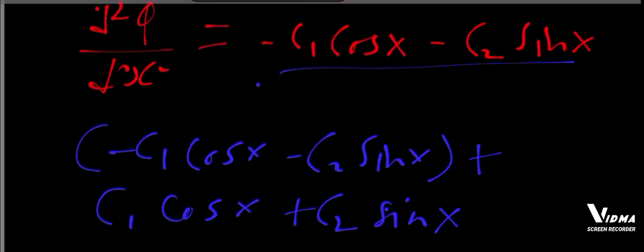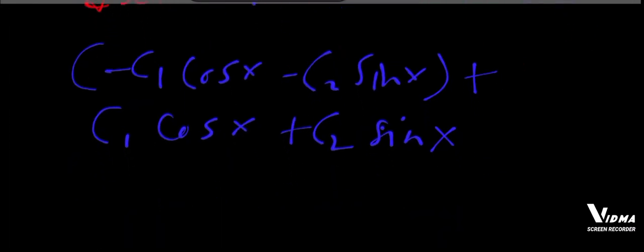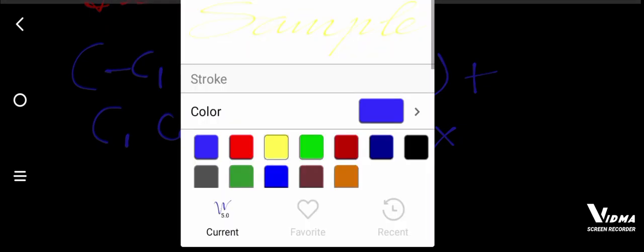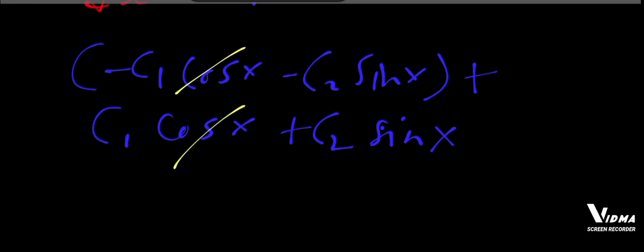So let's cross check it and see. We have negative c1 cos x and we have c1 cos x, so they cancel out. We have negative c2 sine x and we have c2 sine x. This also will cancel out. It means this will evaluate to 0.